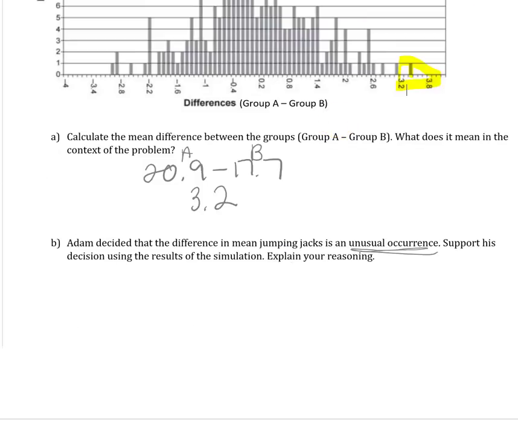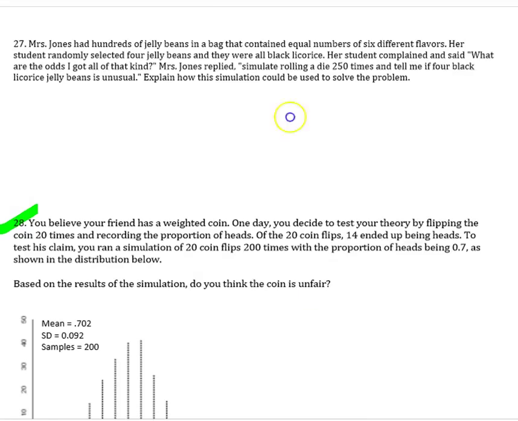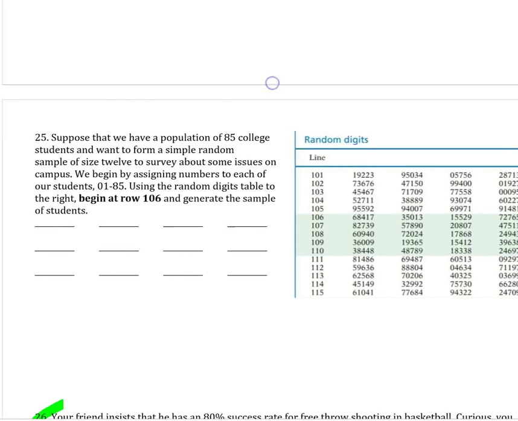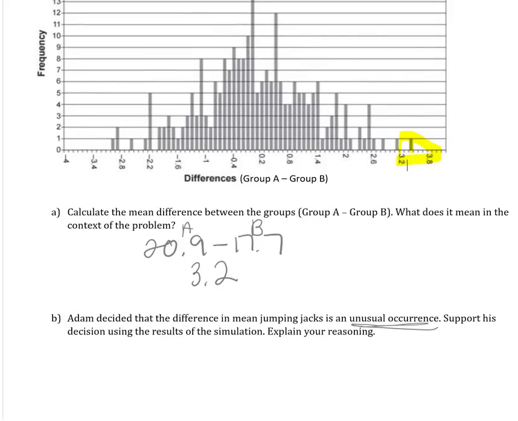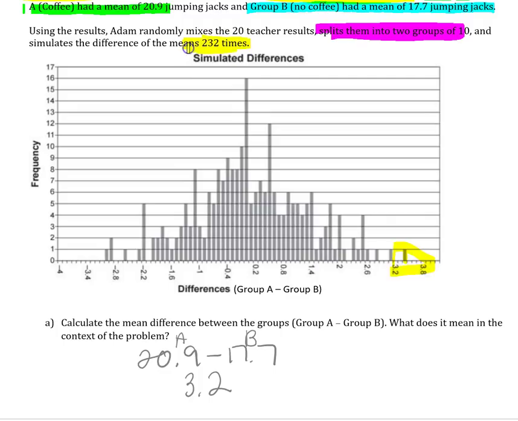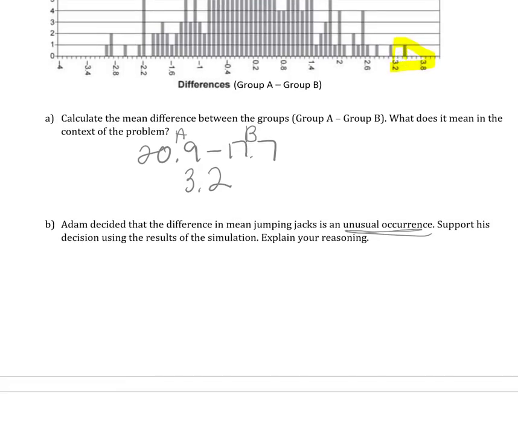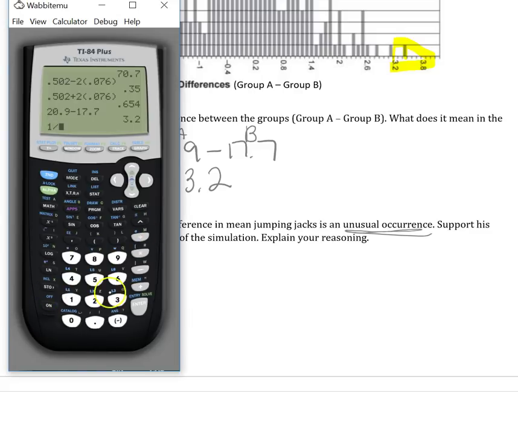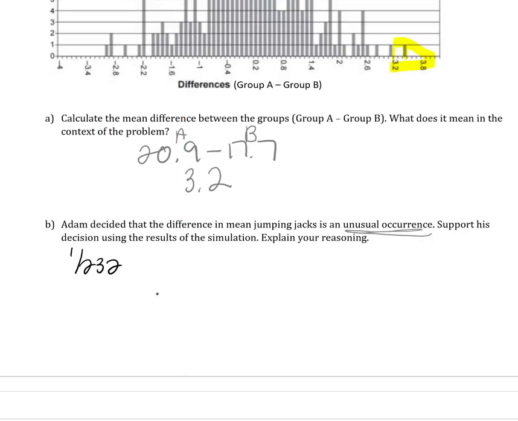Lost my grid for a second here. There we go. So that's a 1 out of how many simulations again? 232. So this only occurred 1 out of 232 times in the simulation. Which is 0.4%.